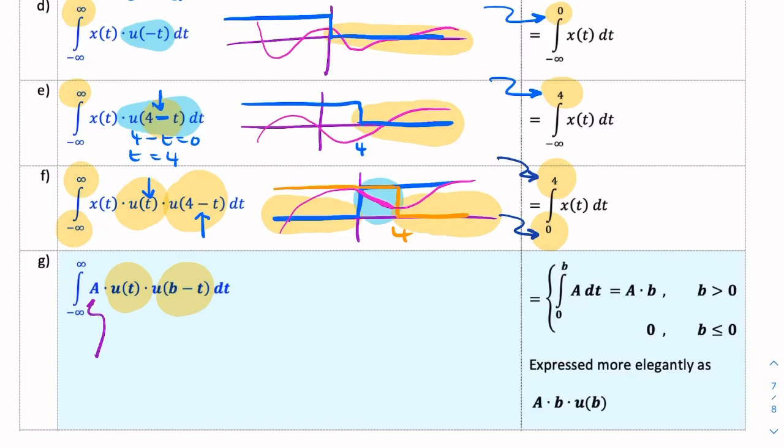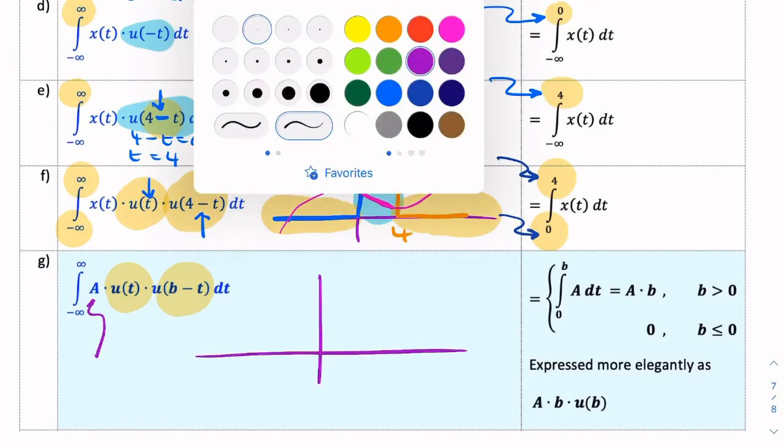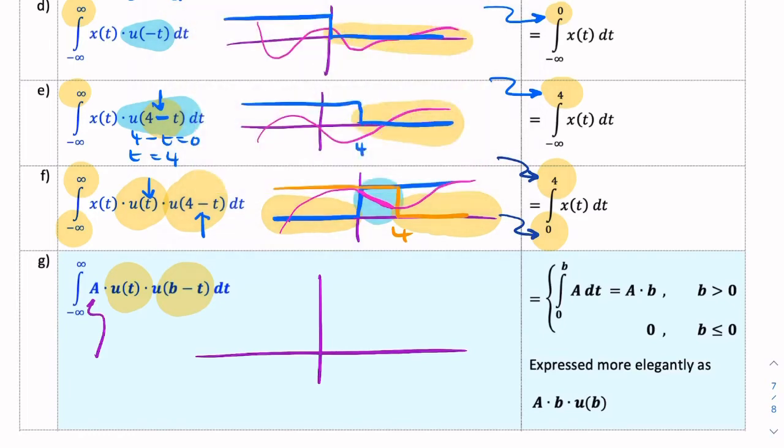So if I wanted to plot that, it would look something like this. So my signal, I'll draw in pink, might look like that. That's my signal with amplitude a. So that's my x of t.